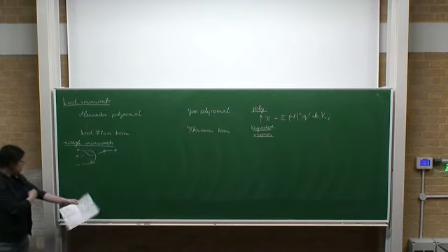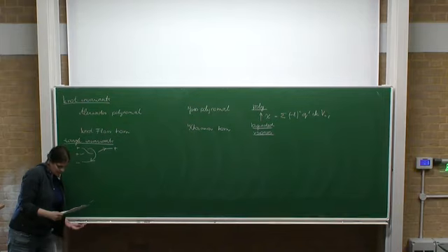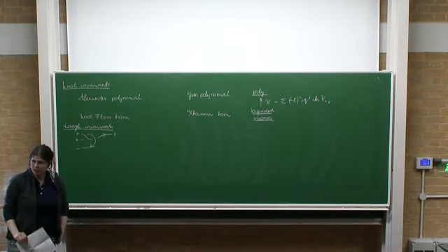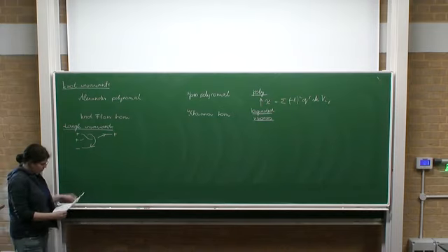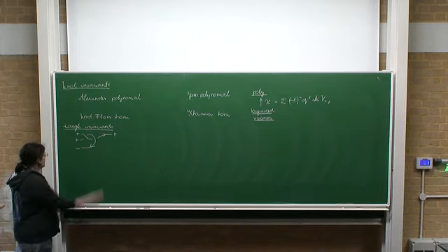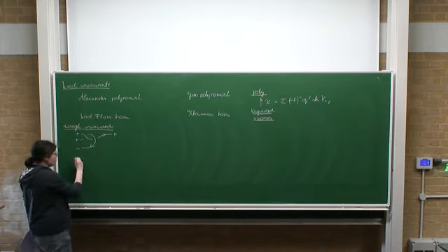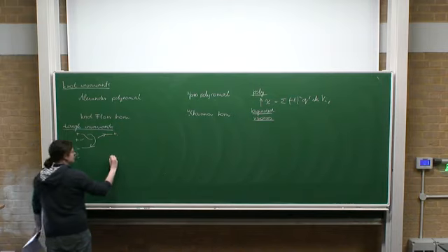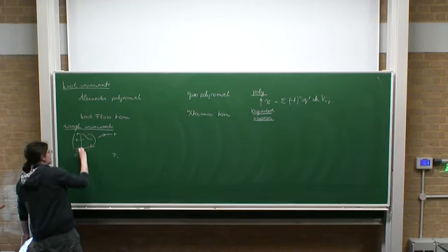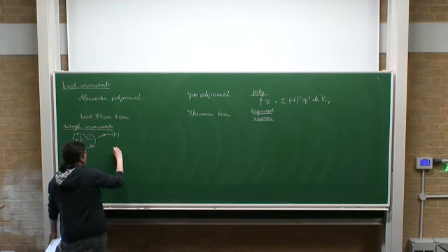And I'm thinking of them as morphisms in a category, in the following sense: my objects in the category are going to be sign sequences of points. So this is the sign sequence plus, plus, minus, and plus.